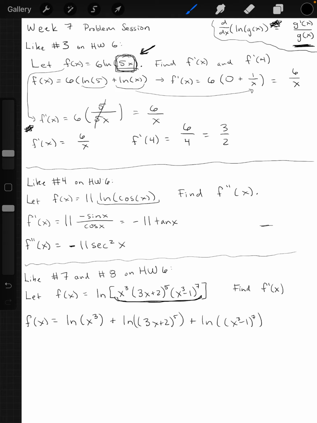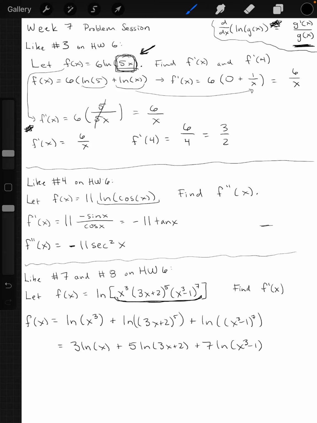And then we use the power rule for logarithms to pull those powers out. And that's as far as we can expand that logarithmic expression, right?